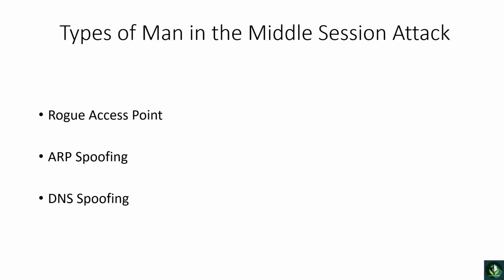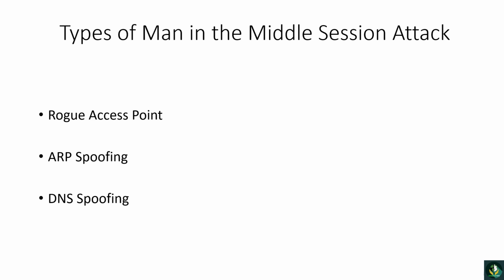ARP spoofing. ARP is the Address Resolution Protocol, which allows the discovery of the media access control, MAC for short, address associated with each IP address in a local network such as a LAN.